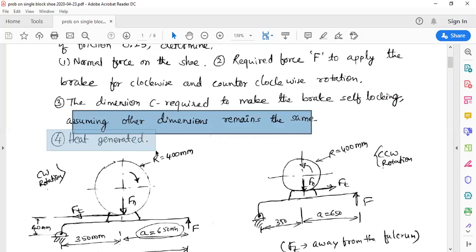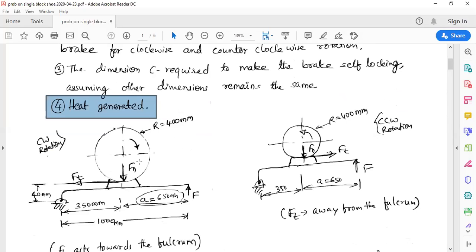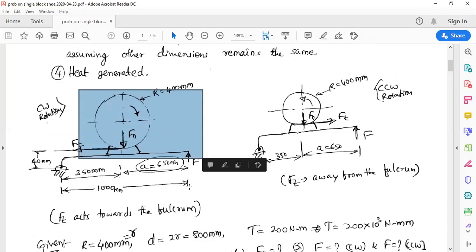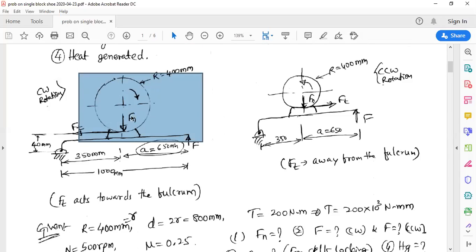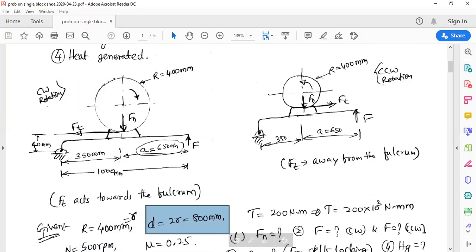Another parameter to be calculated here is the heat generated. This is the sketch that is given. With this sketch, initially we have to represent the given information. Capital R is given in the sketch, so it is small r itself as per our data handbook notation. The diameter of the drum, D, is 2R, that is 800 mm.